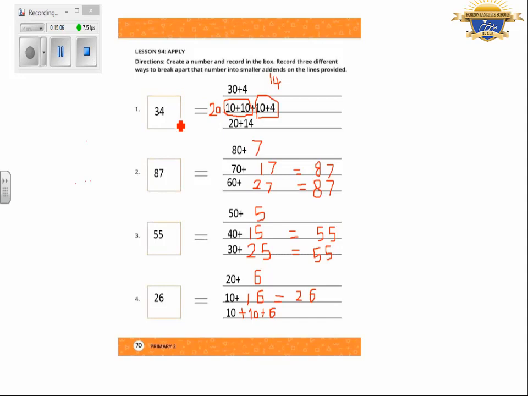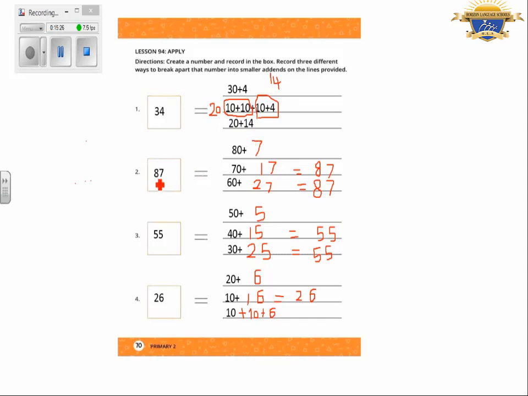So for the first problem, I take 10 from 30 and it becomes 20, and add this 10 to 4, so 4 plus 10 equals 14.